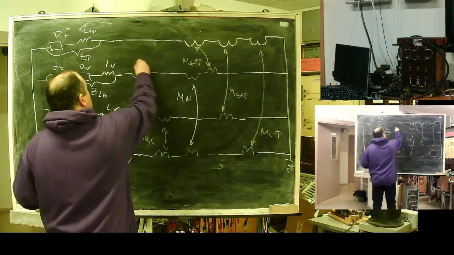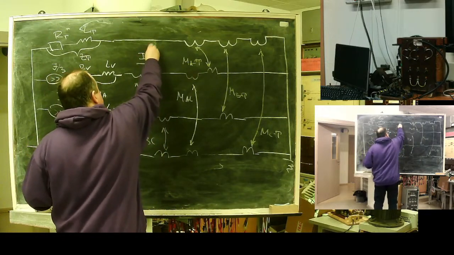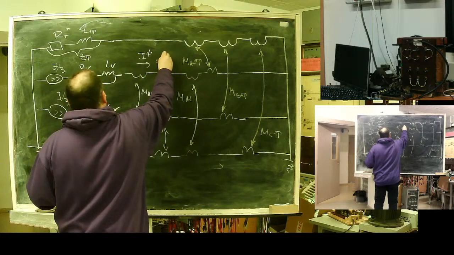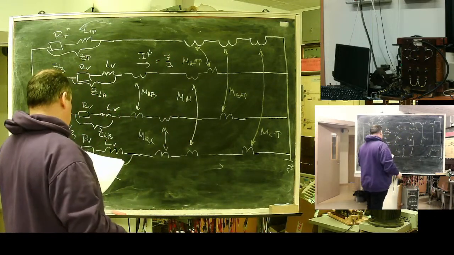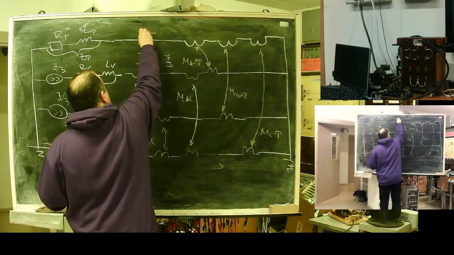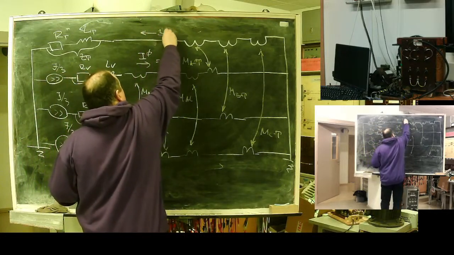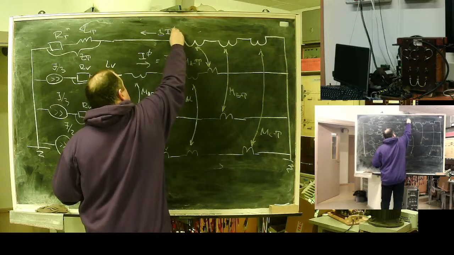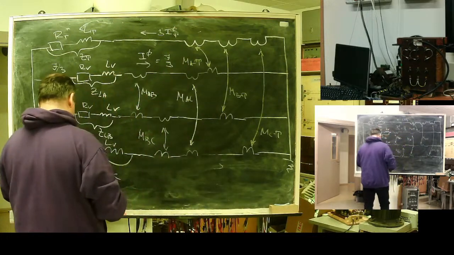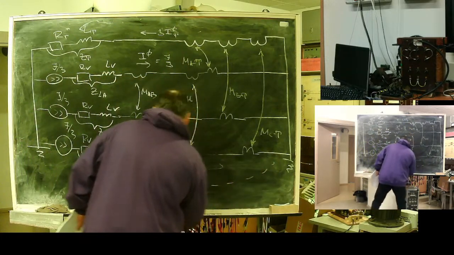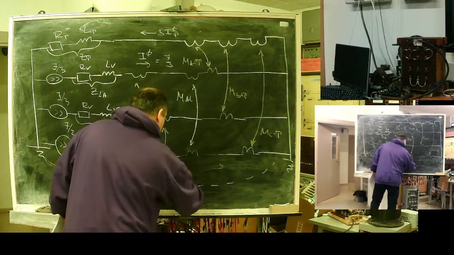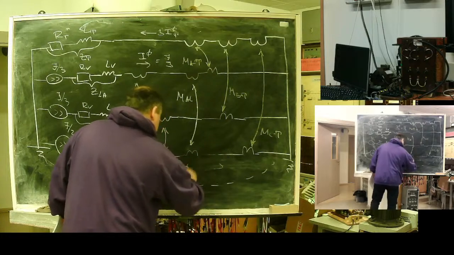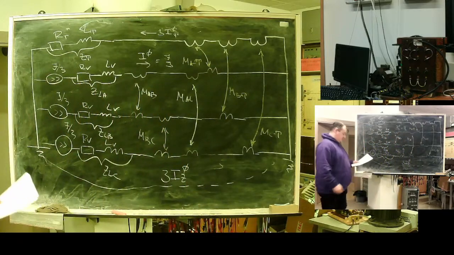Current here: the zero sequence current equals the total divided by 3. Triple the zero sequence current flows in the protective wire, and somewhere in the ground flows the triple ground current of zero sequence.